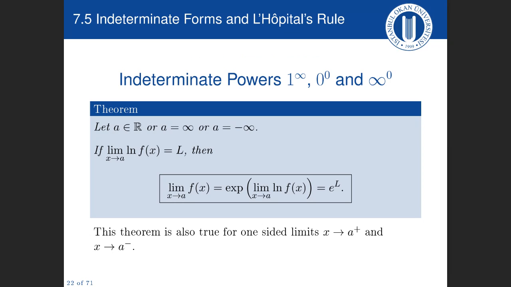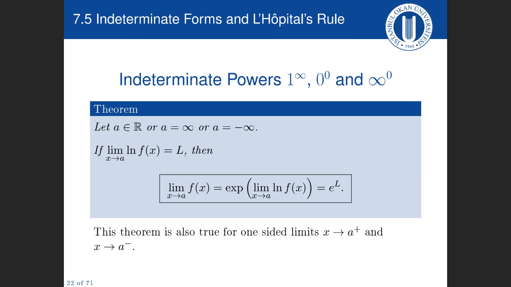Some more indeterminate forms, or indeterminate powers. 1 to the power infinity, 0 to the power 0, and infinity to the power 0 are not numbers. These are indeterminate forms. We can use this theorem to solve limits like this.